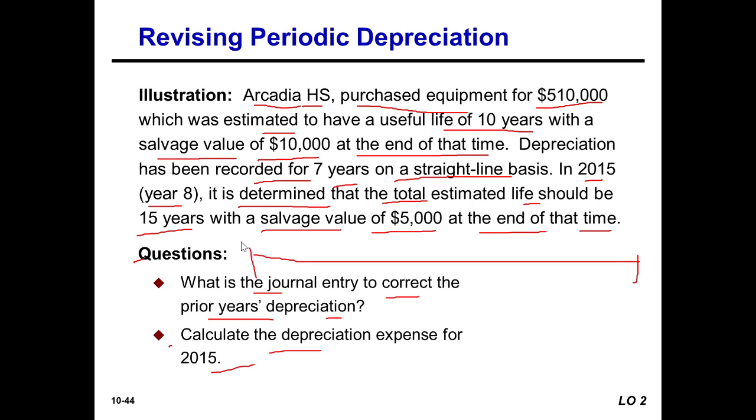We purchase equipment for $510,000, and it will run 10 years, with a salvage value of $10,000. After 7 years recorded, year 1, year 2, year 3, year 4, year 5, year 6, year 7, year 8, year 9, year 10, year 11, year 12, year 13, year 14, year 15.